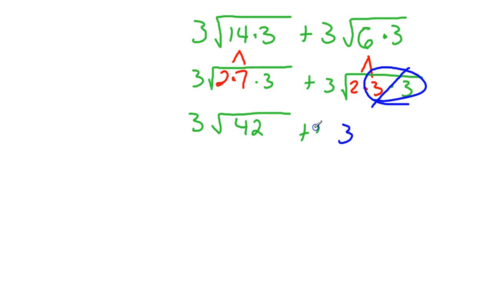And again, that 3 was already out front. We're left with that square root of 2, and when you're pulling that 3 out, remember it is multiplication. So for this one, you've got 3 square root of 42.